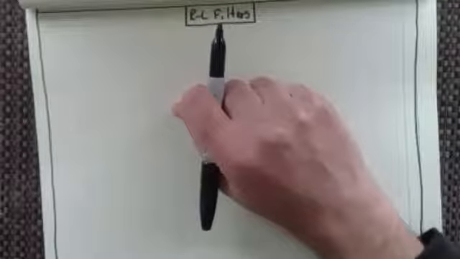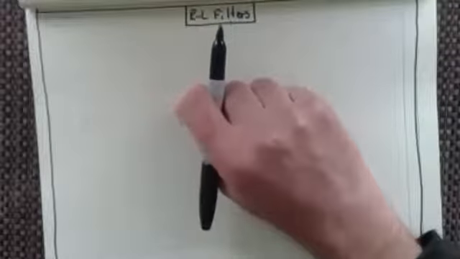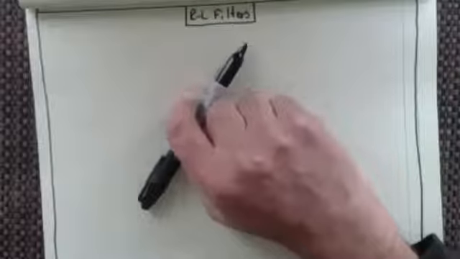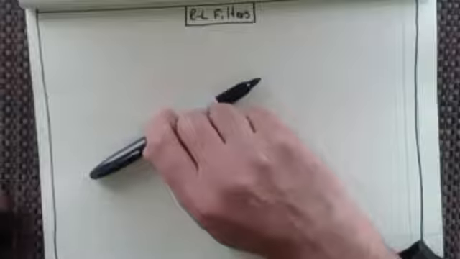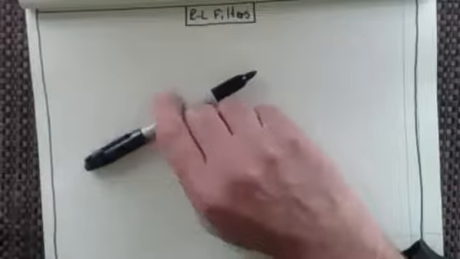We don't use RL circuits all that much. There are some specific applications where you would want to use an RL circuit rather than an RC circuit, but not really many that I could think of off the top of my head.